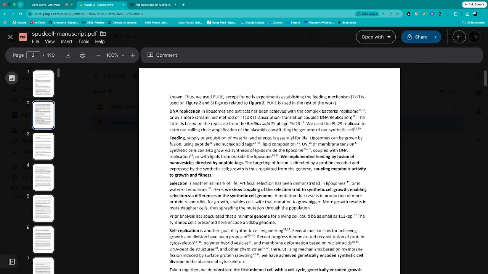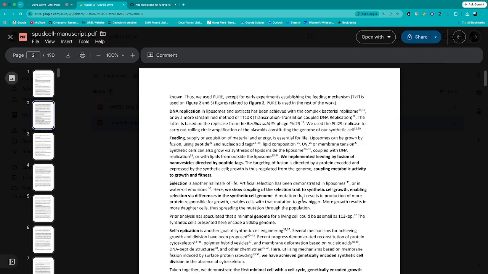Artificial selection has been demonstrated in liposomes or in water-oil emulsions, which are inorganic. Here we show coupling of the selection trait to synthetic cell growth, enabling selection via differences in the synthetic cell genome. A mutation that results in the production of more protein responsible for growth enables cells with that mutation to grow bigger.